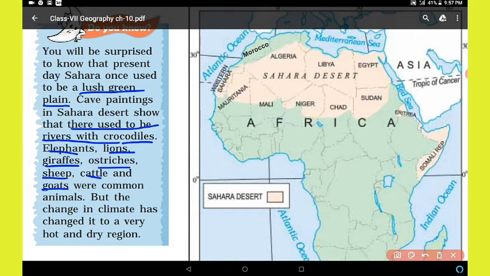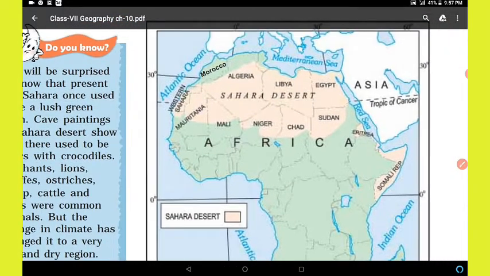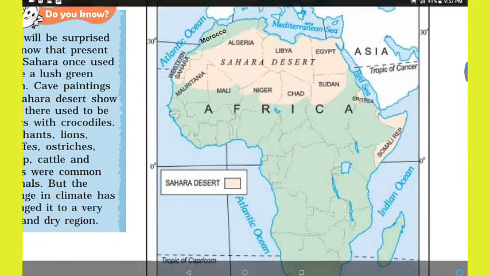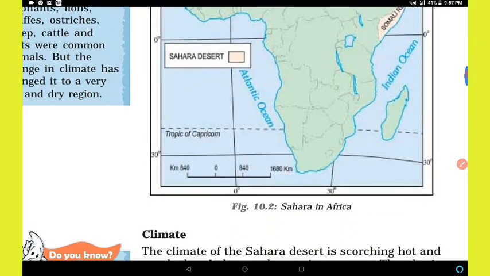But the change in climate has changed it to a very hot and dry region. These are the countries again: Western Sahara, Morocco, Mauritania, Algeria, Mali, Niger, Chad, Libya, Egypt, Sudan, etc., covered by the Sahara Desert.